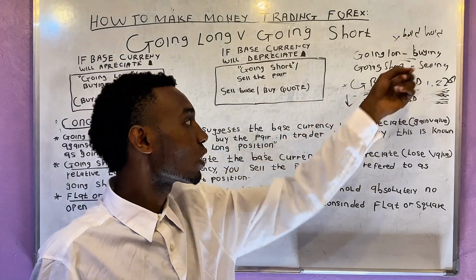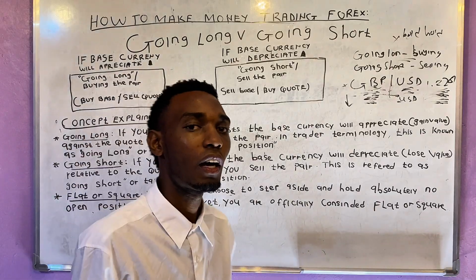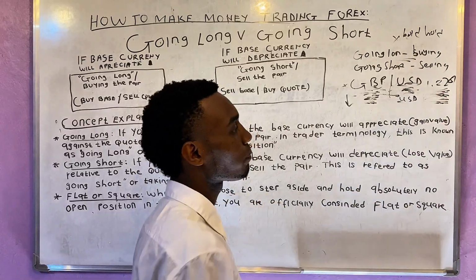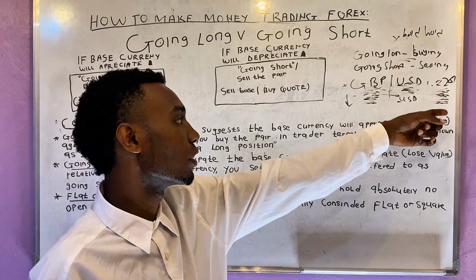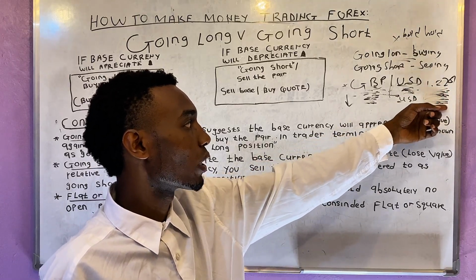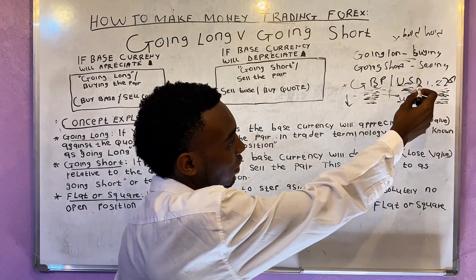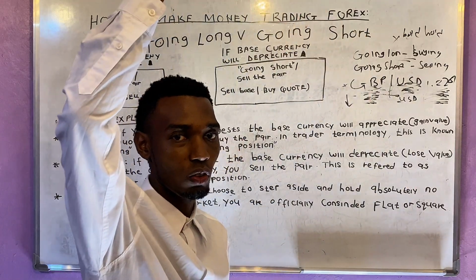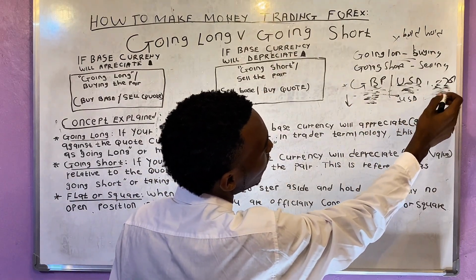Now going short, that is you sell so that you make a very good profit, because when you sell this USD, they are going to get a high relative amount, because the amount that you bought this USD with had a potential of shooting. That is not the price you will sell this.